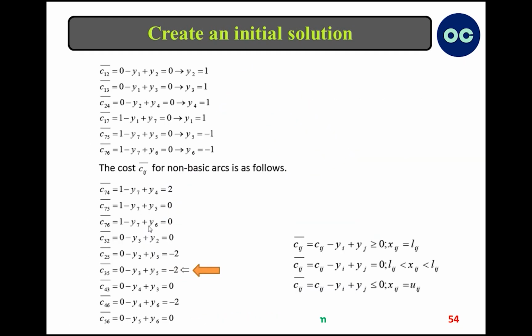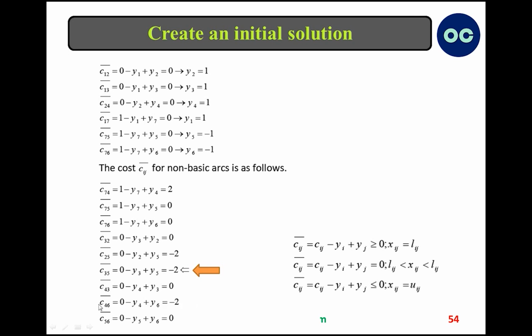As a result, we again calculate the Cij bar for all non-basic variables. As you can see, arc 4, 6 has reached its maximum limit and fulfilled the optimality condition.